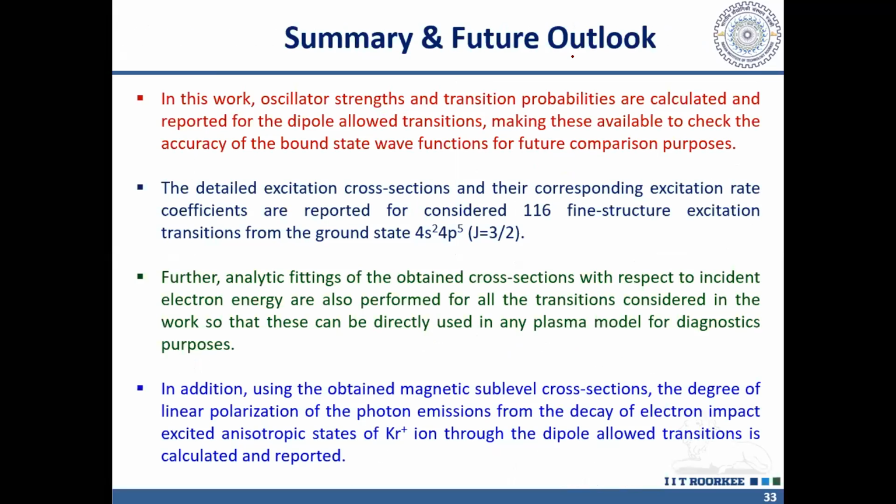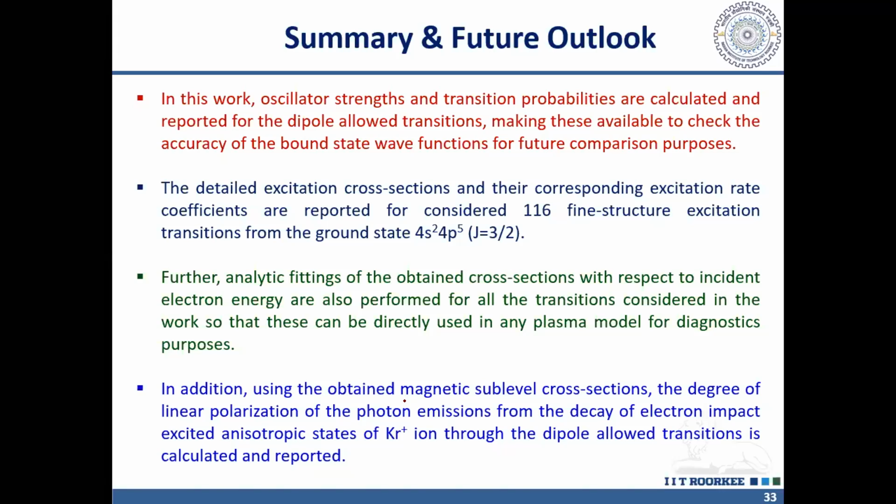In summary, in this work we have calculated the excitation energy, oscillator strength and transition probability from the GRASP code, and obtained the electron impact excitation cross section and corresponding excitation rate coefficient for the 116 transitions from the ground state using the relativistic distorted wave method, and obtained the linear polarization using the calculated magnetic sublevel cross section.